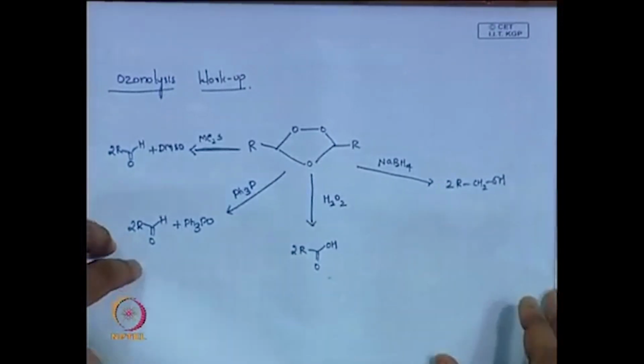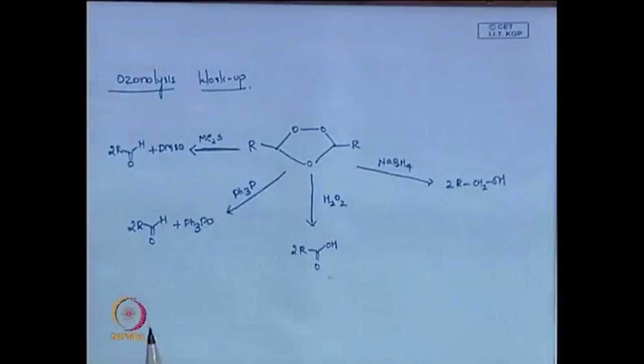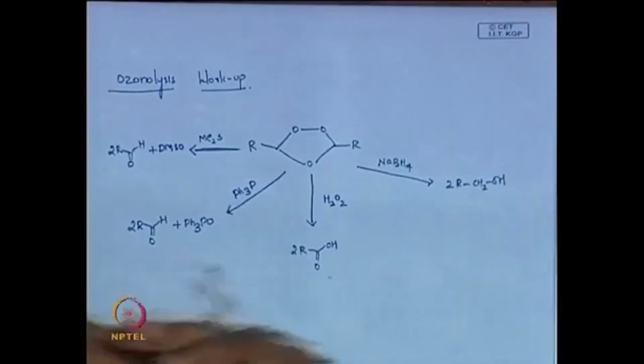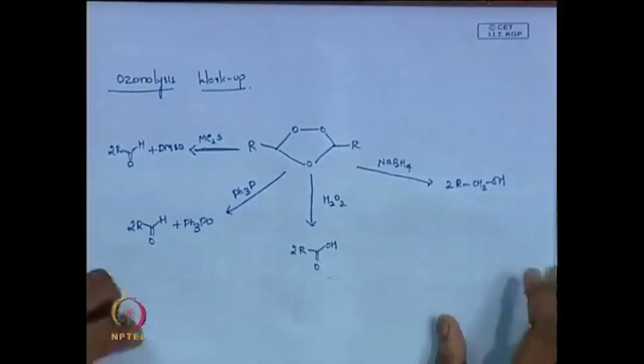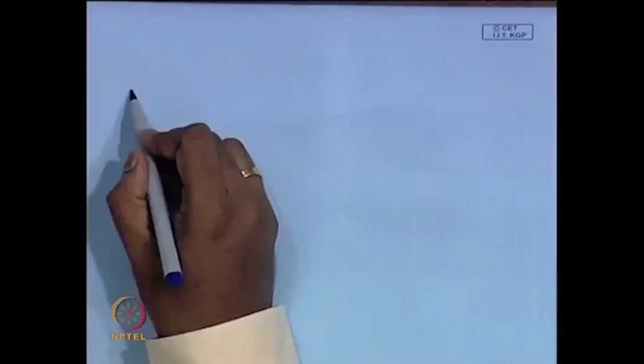Fine. So far we were doing ozonolysis of a linear alkene. If it is a cyclic system, you get nice products. For example, you take cyclohexene.